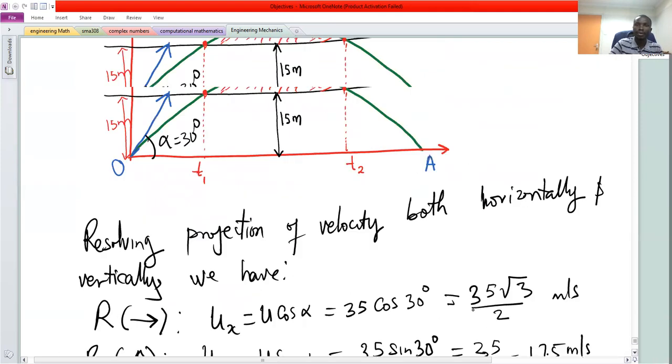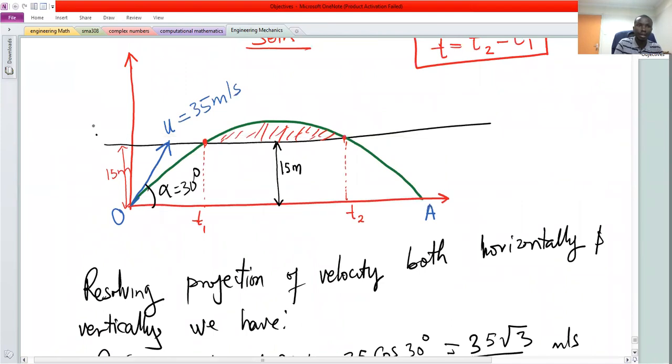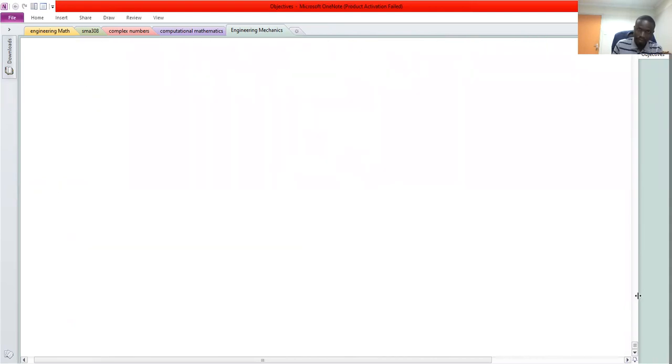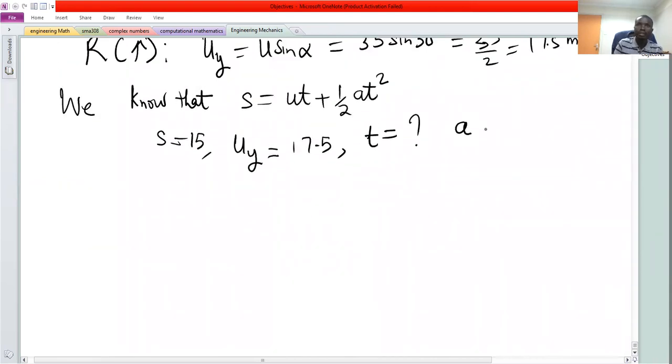Our acceleration: remember, acceleration is g when you're moving downward, but it is negative g when you're going up. So a is negative g, which is negative 9.8.